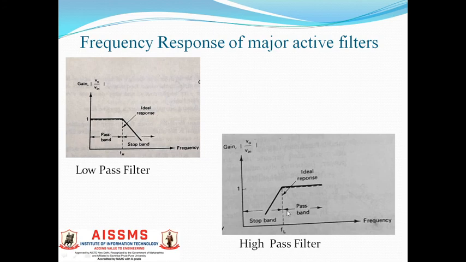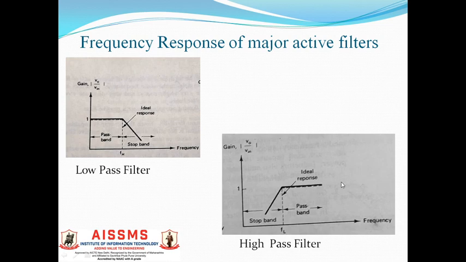Whereas at frequency FL or greater than FL, it is the pass band. So from 0 to FL, the gain is not as expected, and then after FL, you have a constant gain.